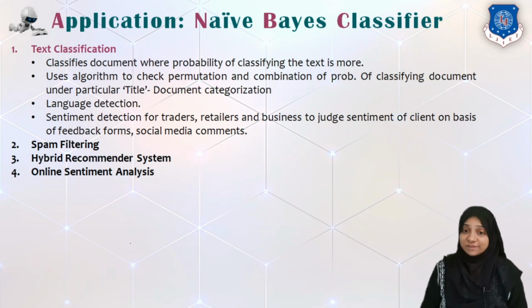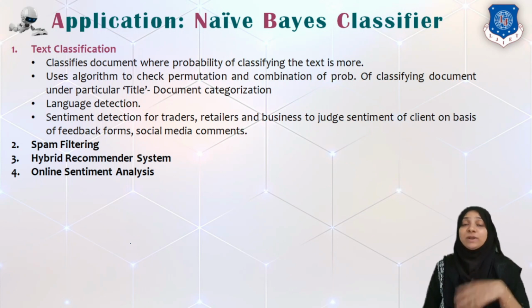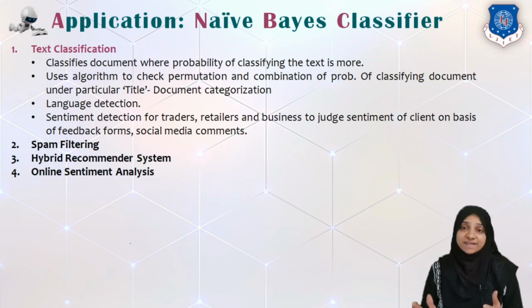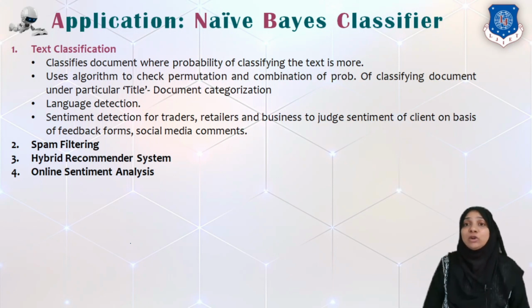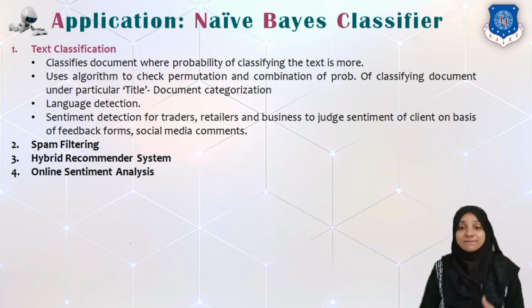So we use this algorithm to check all permutations and combinations of probability to classify this particular document according to its title into the correct category. Say for this example, if C programming is a title, then it should be classified into computer engineering books and IT engineering books. Likewise, we can use this algorithm for language detection.